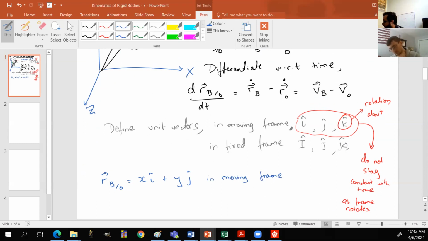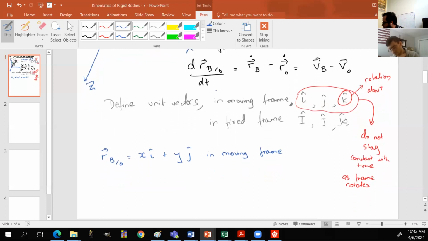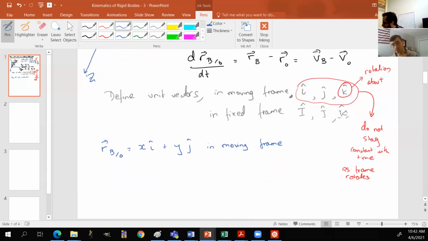Then I have to take the differentiation of this expression. The derivative of r of B relative to O with respect to t, I have to use the chain rule, but my di over dt terms are not going to be zero because the frame is rotating.